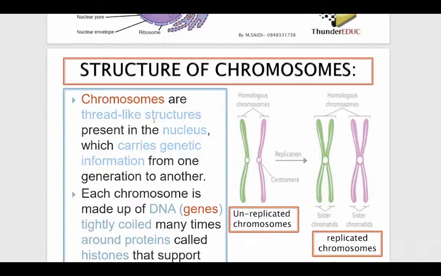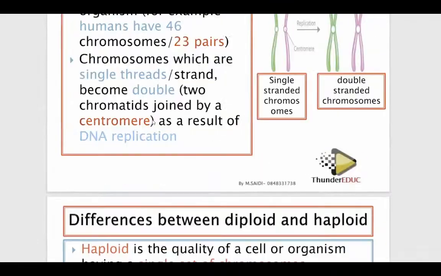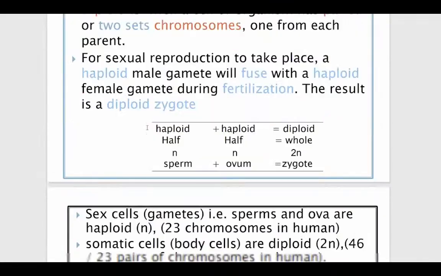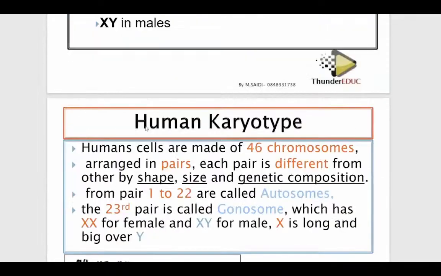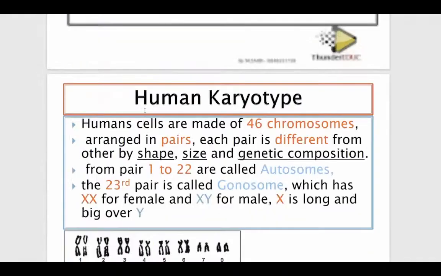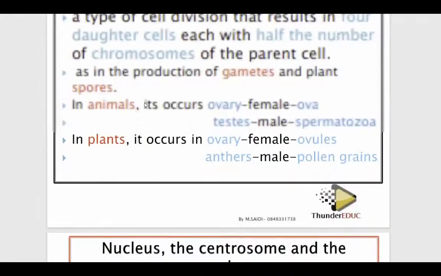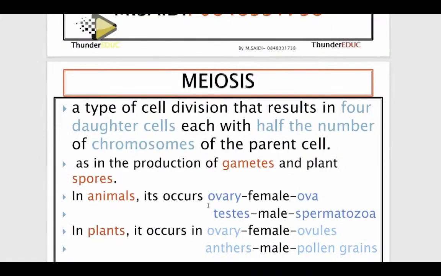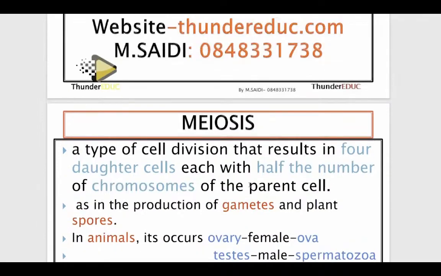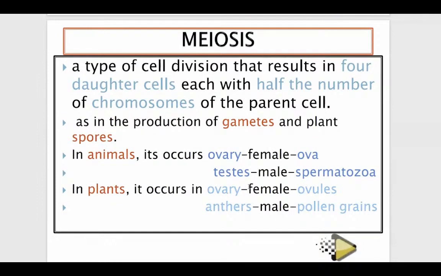So basically, you produce haploid gametes, and this could be ova or sperms.